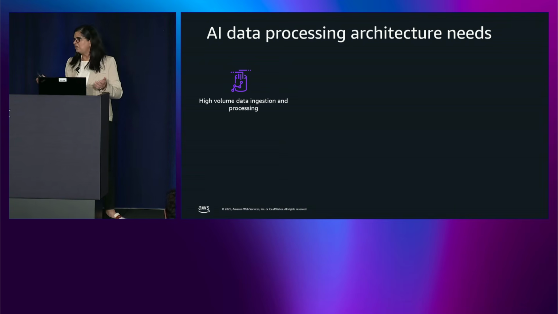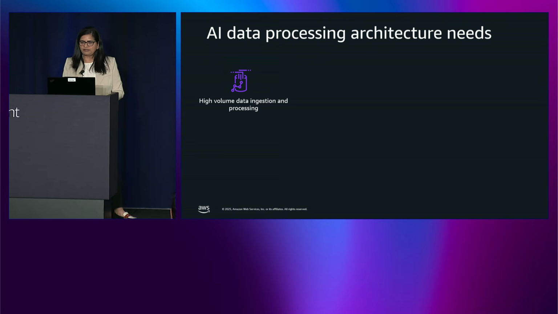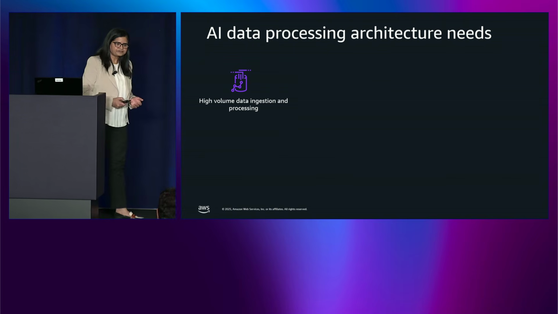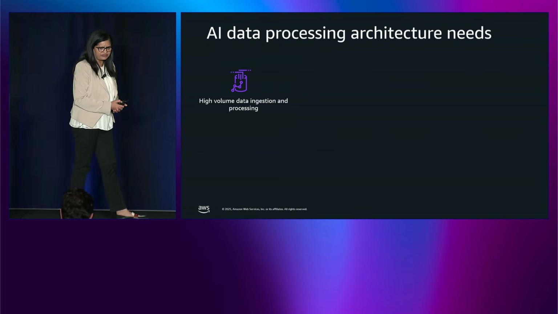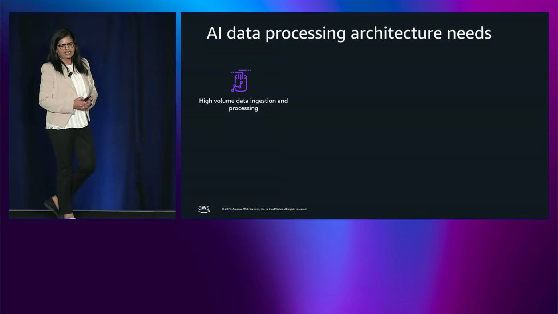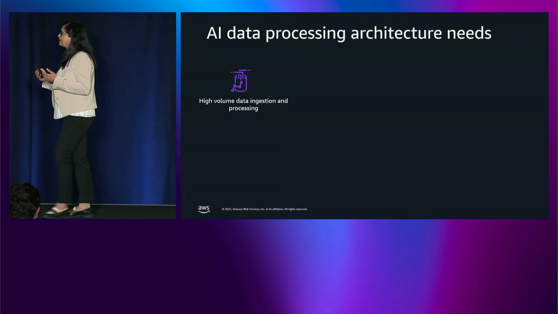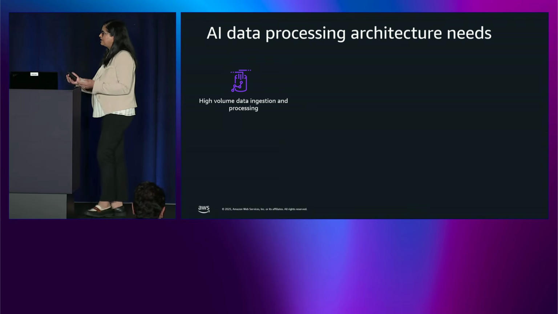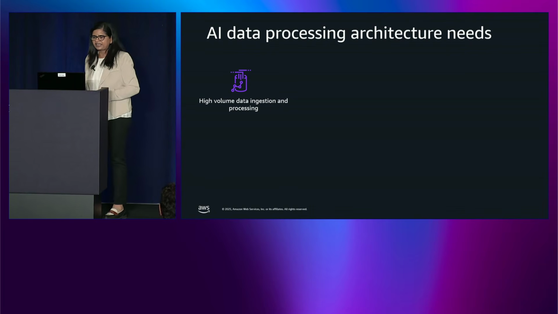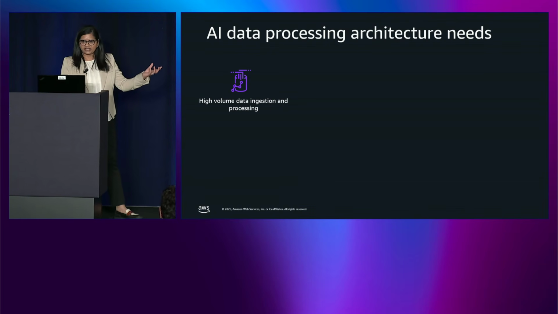As you all know, AI workloads typically process petabytes of training data. The AI models are sensitive to data quality issues, and you also require a variety of data that needs to be ingested at that velocity, right?